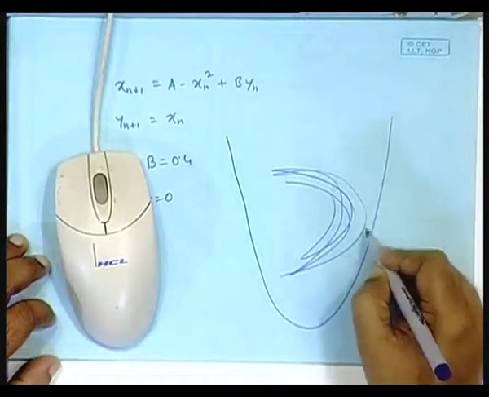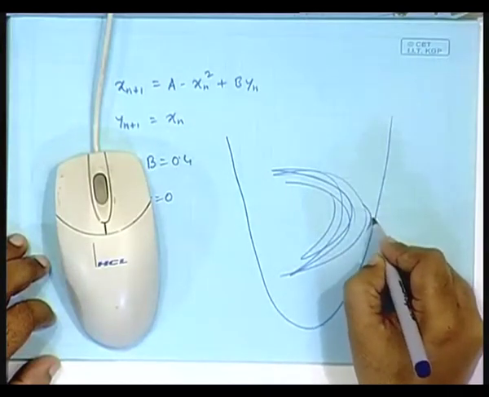Boundary crisis is created when a part of the attractor itself goes into the basin of attraction of another attractor. But notice here the situation was that there was an attractor something like this, and there was a basin boundary going like this, and it intersected.